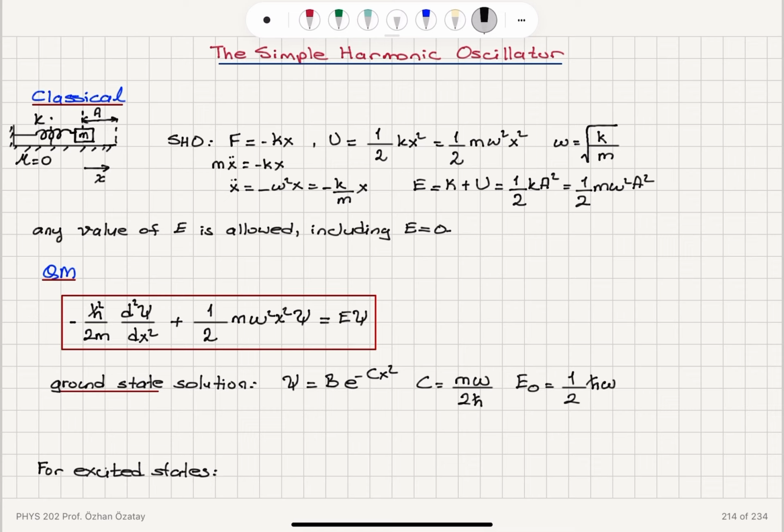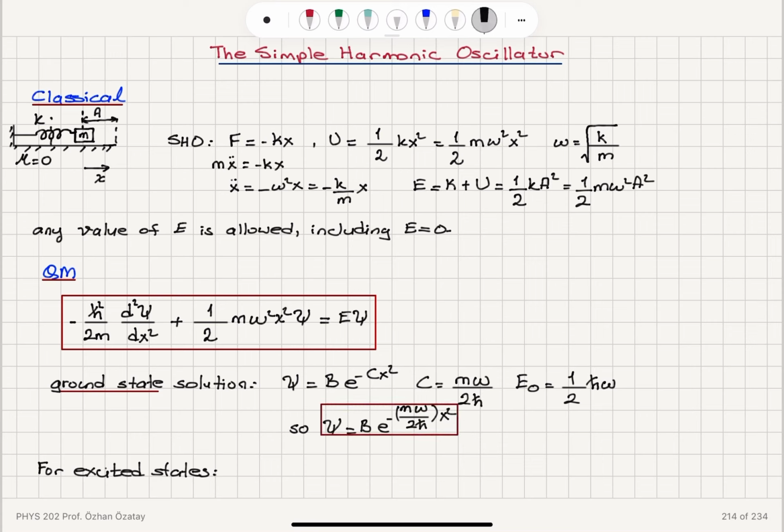So the ground state solution for the quantum mechanical simple harmonic oscillator is amplitude b times e to the minus m omega over 2 h bar x squared. That's the ground state wave function.